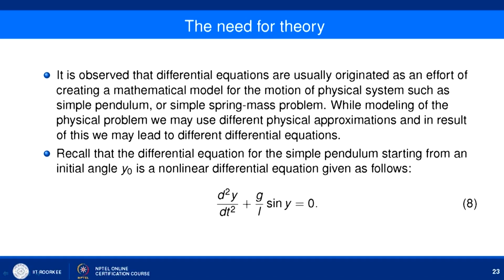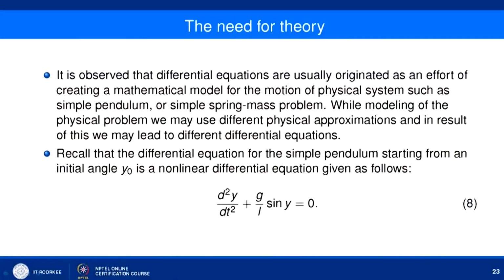It is a linear second order differential equation. But if we do not assume that sine y is approximately equal to y, then it is y double dash plus some constant times sine y equal to 0, which is a non-linear ordinary differential equation. And we have already seen that linear and non-linear differential equations may behave in very different manners.